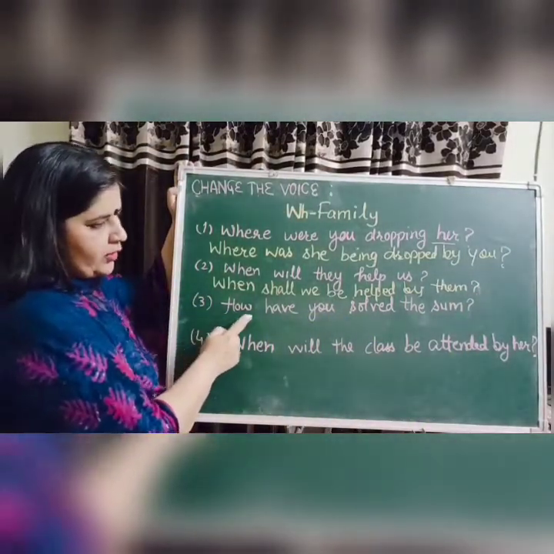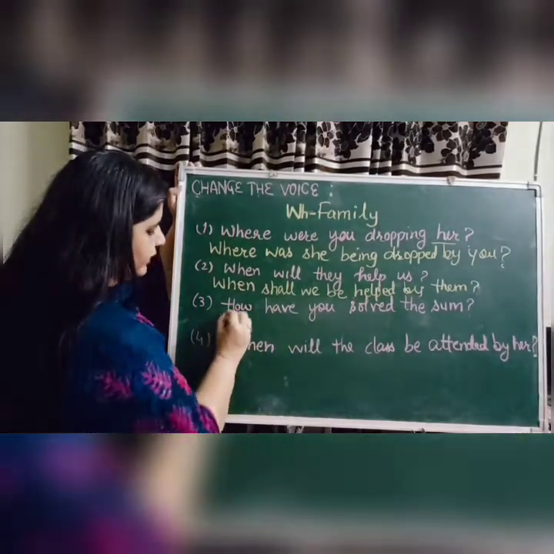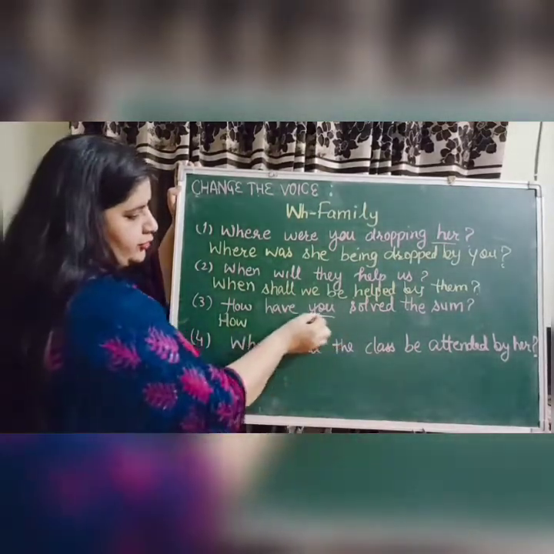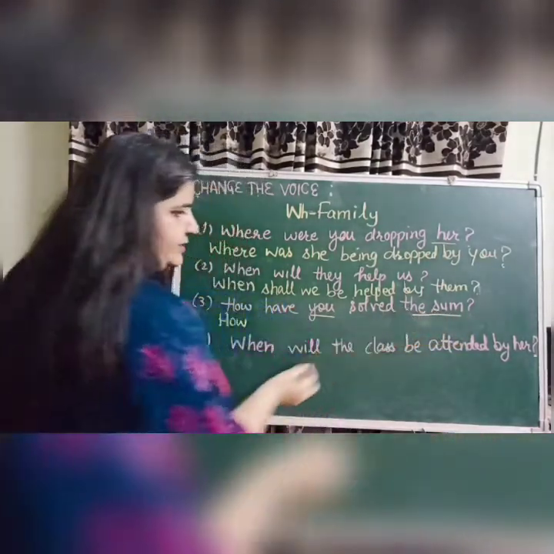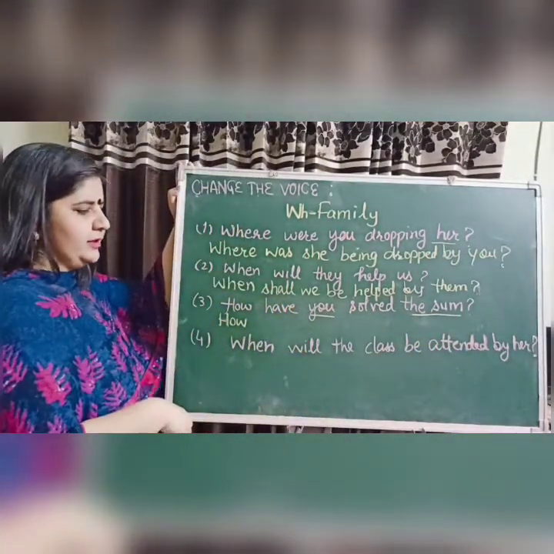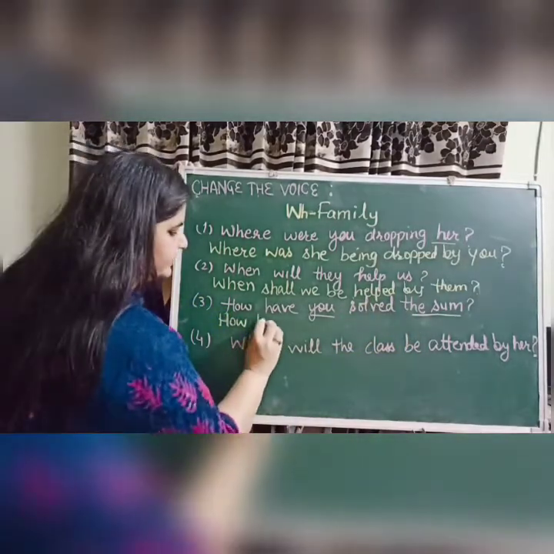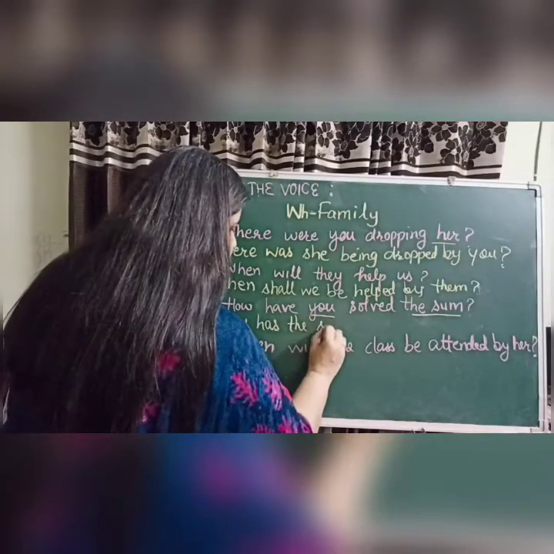Next, how have you solved the sum? First word will remain the same, how. Now, you is subject, it will go at the end. The sum is object, it will come in the beginning. According to the sum, it will be has. How has the sum?